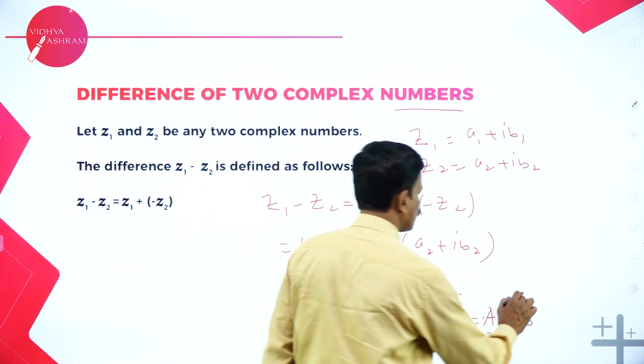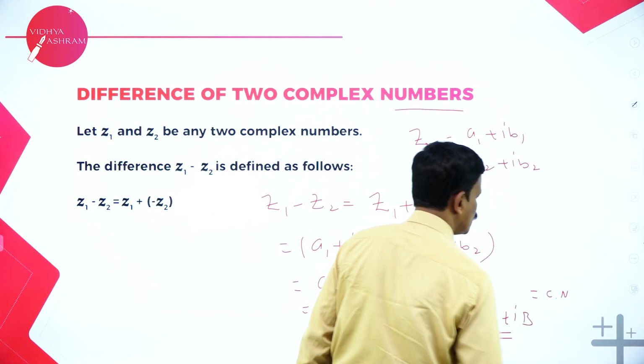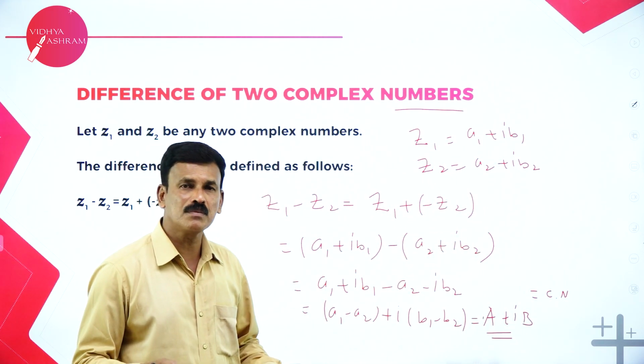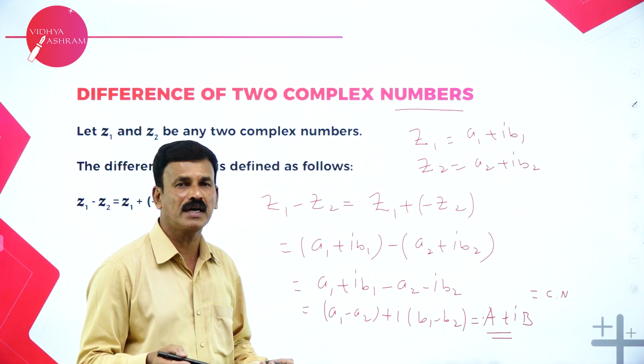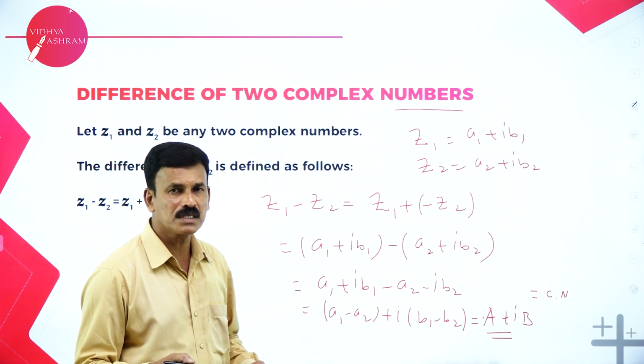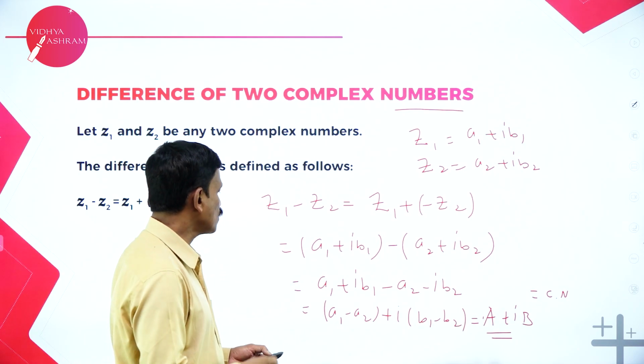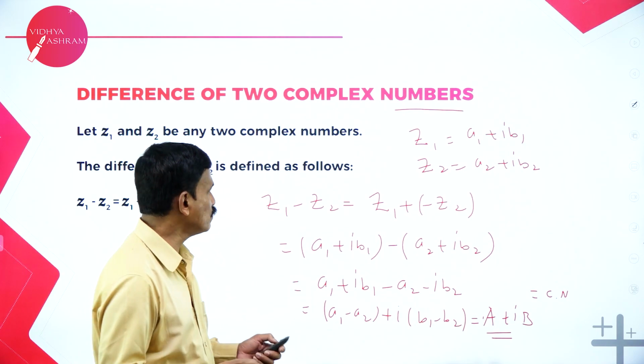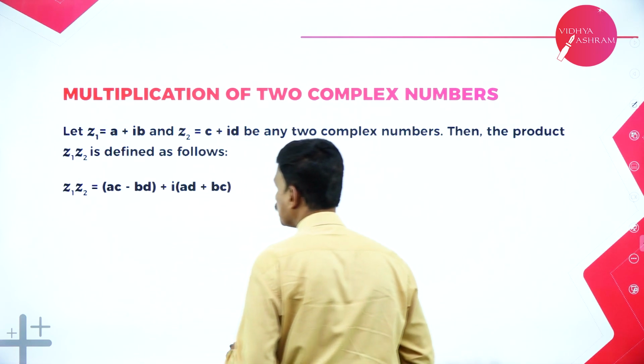Again this is a complex number. So if you add complex numbers, you get a complex number. If you subtract, you also get a complex number. So the difference of complex numbers is again a complex number. Now what is the third property?